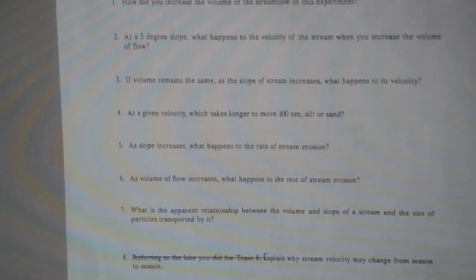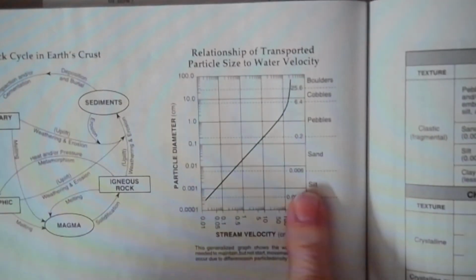Number 7, what is the apparent relationship between the volume and slope of a stream and the size of the particle it can transport? Now, the larger the slope or volume, the greater my erosion, yes? The greater my erosion, the larger the size particle I can move. On your Google Stream, I had put in how to read your reference table.